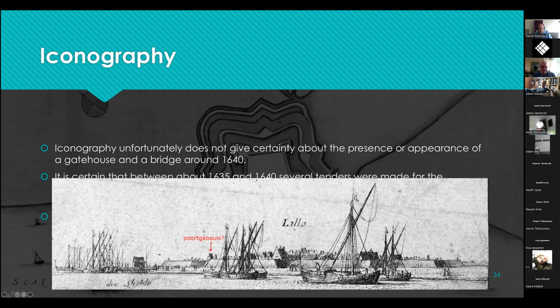For example, here you have seen already this drawing, and there also you recognize the quay and the house on the quay and the boats on the quay and the walls, and then a couple of high houses which peer out. And here one that is somewhere in the neighborhood of the gate, with the question, did we have a gate building or not?